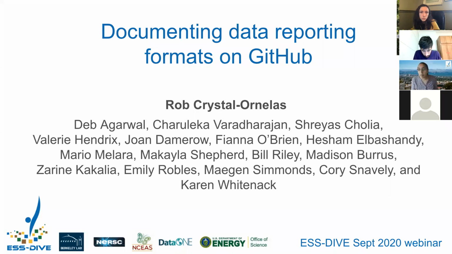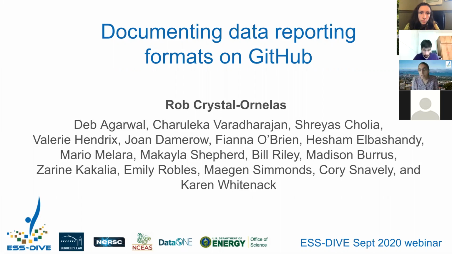Over the last few months, we've had our community partners describing several different data standards that span both terrestrial ecosystem data sets such as soil respiration, leaf gas exchange, as well as water quality and hydrological reporting, hydrological data, as well as file level metadata.